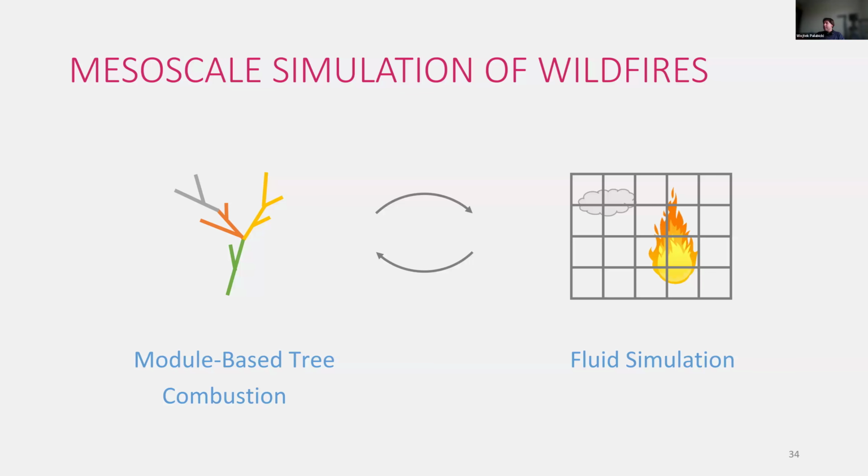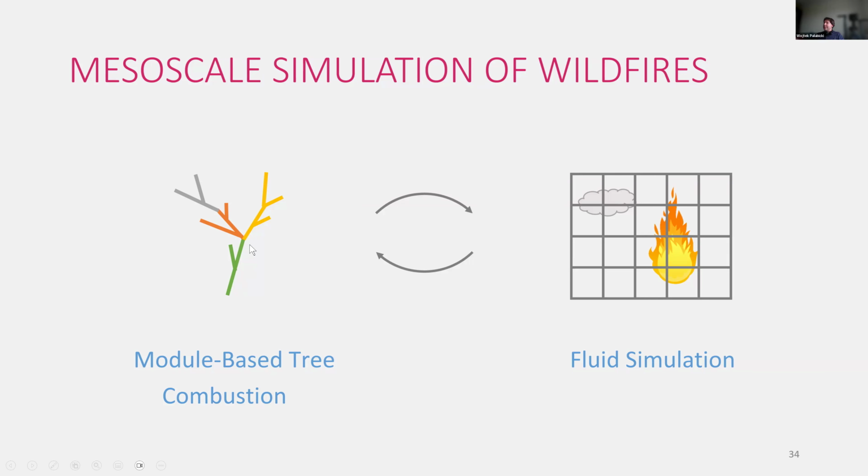And hence, to do that, you could formulate a model very similar to that at a higher scale of abstraction. The idea is still very much the same, but instead of simulating the combustion at the level of surface elements, we would simulate it on the level of modules.